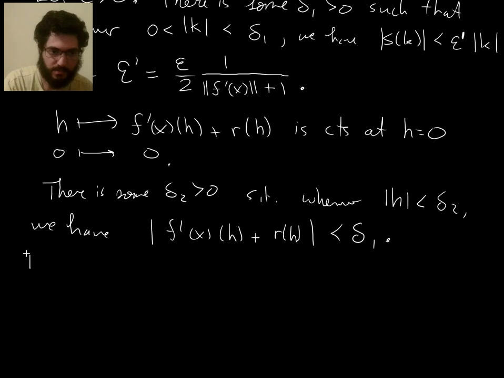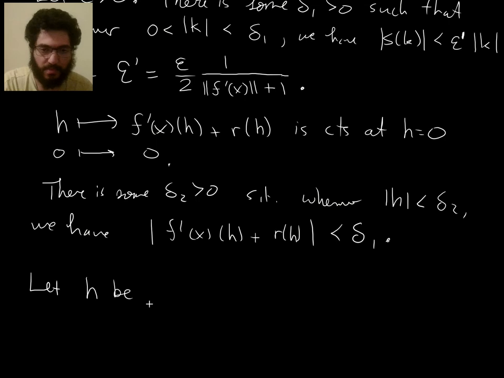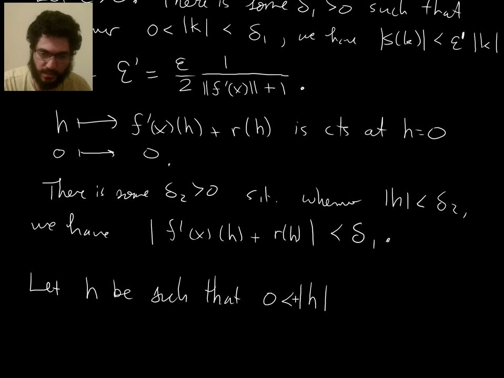So let me just say, let h be such that h is not 0 and is less than the delta 2 there.